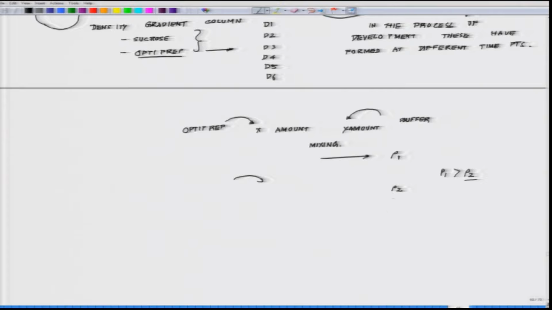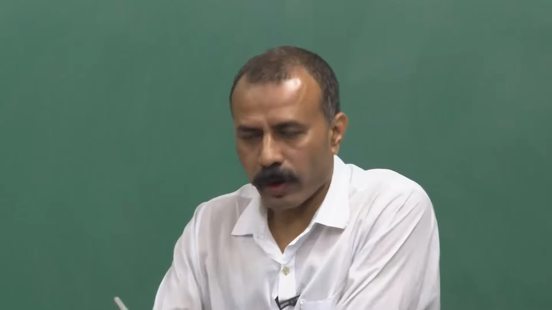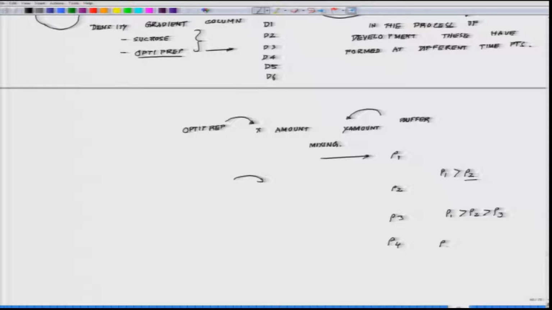Then I make density 3, and then another one, density 4. I am just mixing them, a small amount, maybe 1 ml each. So, I get density 1, density 2, density 3 and density 4.